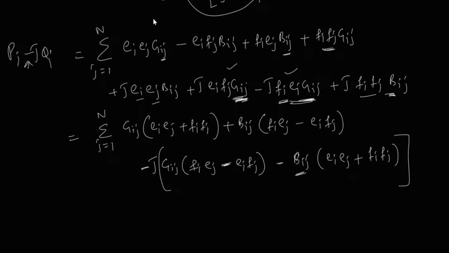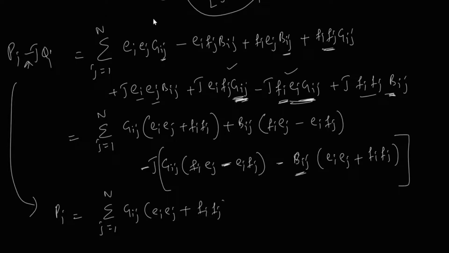Now this is correct. Yes, this is correct. Now I can write down Pi is equal to, the real part is summation j equals 1 to n Gij (Ei Ej plus Fi Fj) plus Bij into (Fi Ej minus Ei Fj).